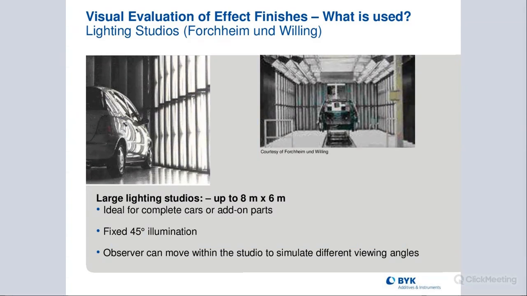This is a light room where you bring the entire vehicle into this room, and you have lighting up here as well as on the ceiling. And you can have a light room or a light studio of that type of lighting environment.